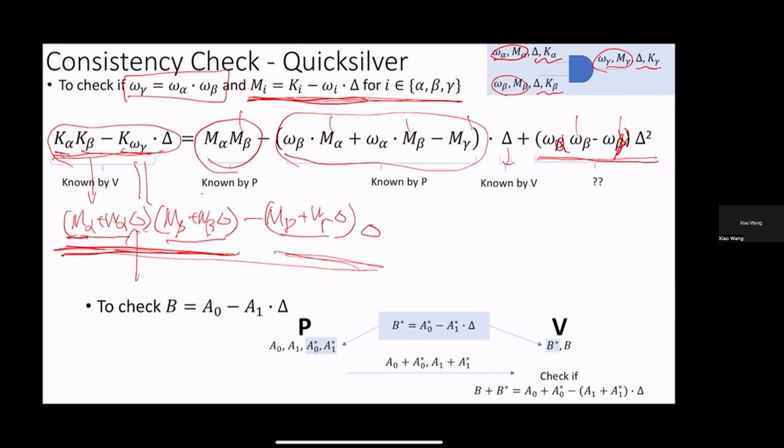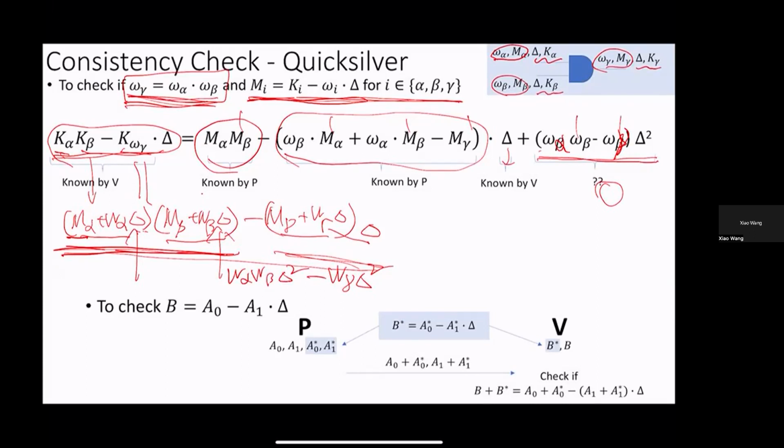There is a delta here, and a delta here, so it will give us omega_alpha, omega_beta, delta squared. And there is a delta squared here, which is minus omega_gamma delta squared. This term is supposed to be 0 if the relationship holds. If it holds, then omega_alpha times omega_beta minus omega_gamma is going to be 0.